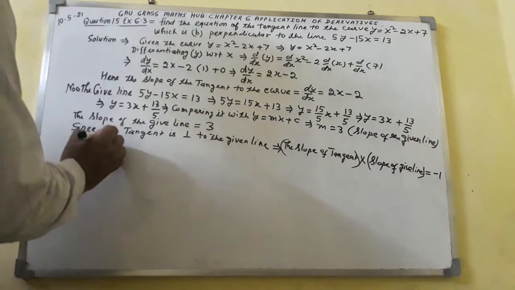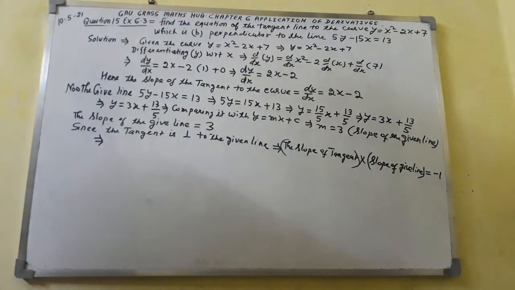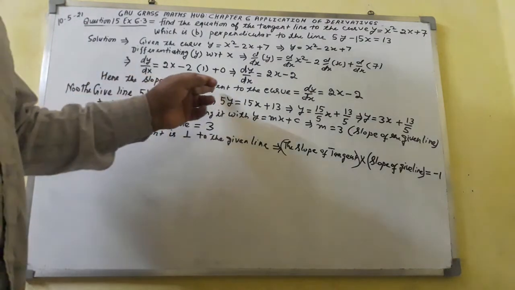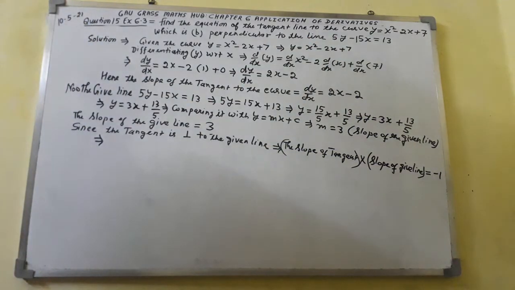So here again I shall write slope of the tangent. You can see slope of the tangent to the curve we have got 2x minus 2.